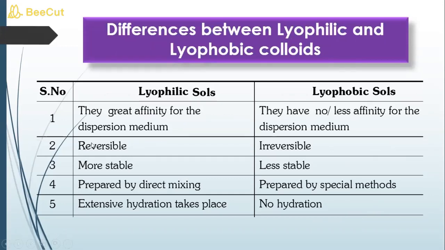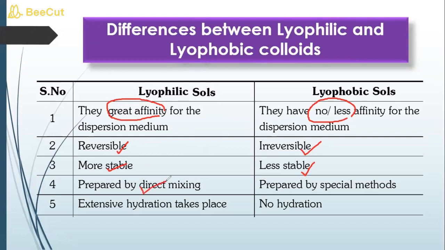Is there any difference apart from this affinity? If you check, there are many differences between lyophilic and lyophobic. The first one you are quite aware of now: lyophilic colloids have a great affinity, but lyophobic have no affinity or less affinity for the dispersion medium. Lyophilic sols are reversible, but lyophobic are irreversible. Lyophilic sols are more stable due to the interaction between the medium and the phase, but lyophobic are less stable.